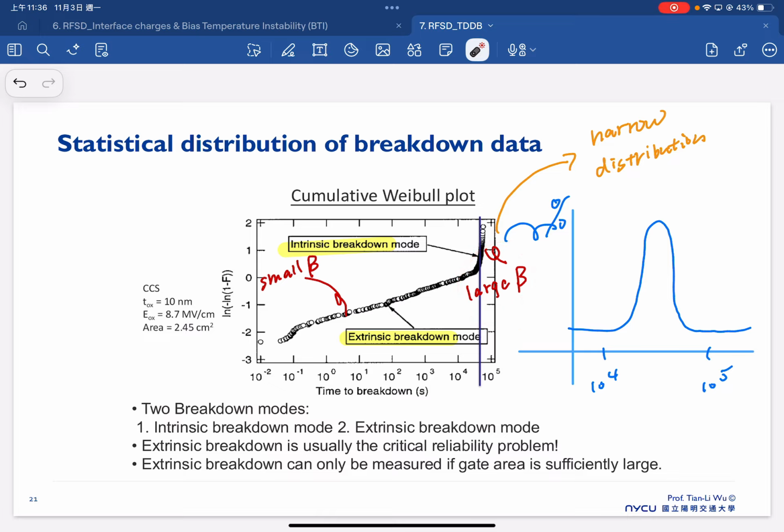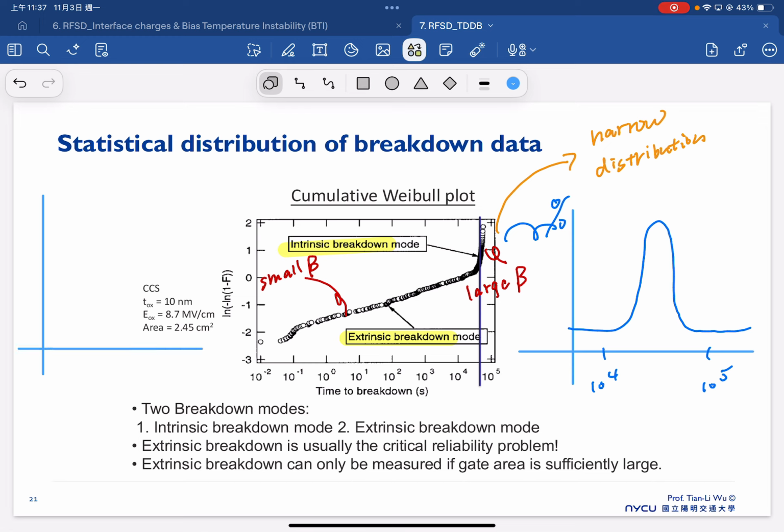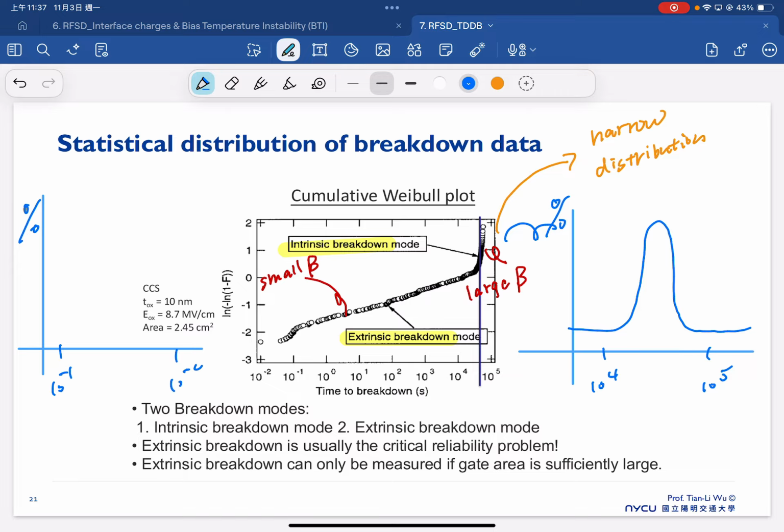And also, similarly, if you look at the small beta, it has a very wide distribution from 10 to the minus 1 to 10 to the minus 4. So if you try to plot the distribution, then you will see the result here, percentage, and then from 10 to the minus 1 to 10 to the positive 4 here.